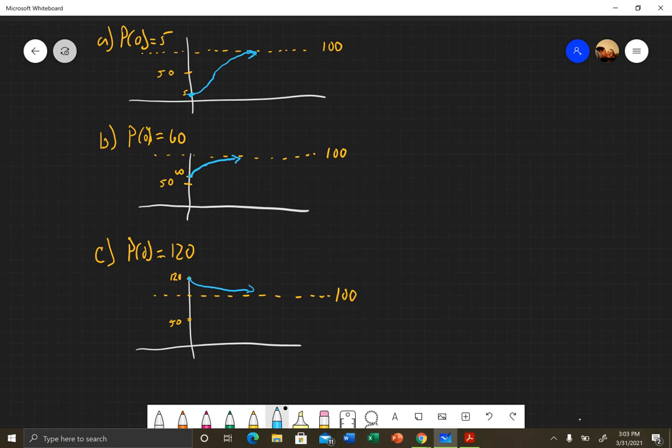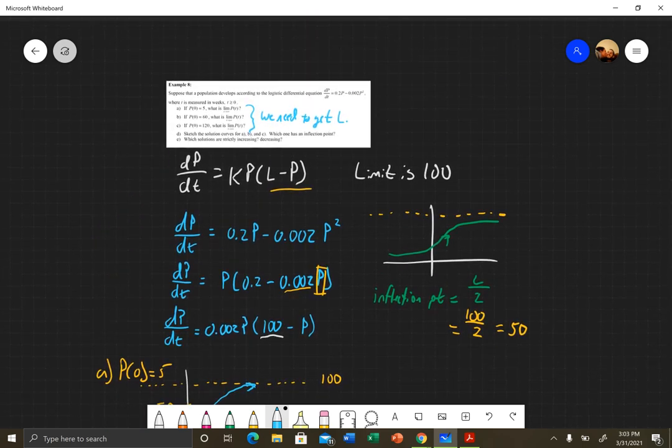So in part A, we started below the inflection point and we have the inflection point actually occurring. In part B, it doesn't have that, right? We started above that inflection point, so we only had concave down, and in part C, we were actually above the limit, and we were striving to get down towards it. So the only one that had that inflection point was, in fact, part A.